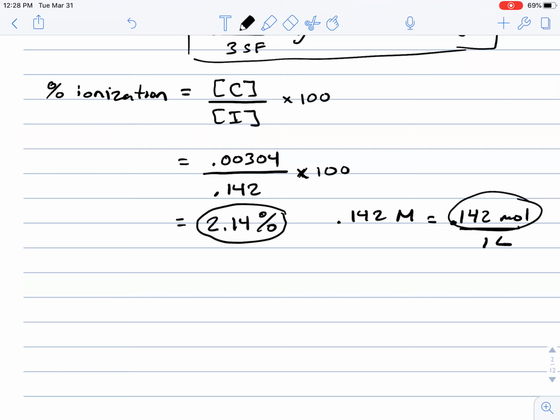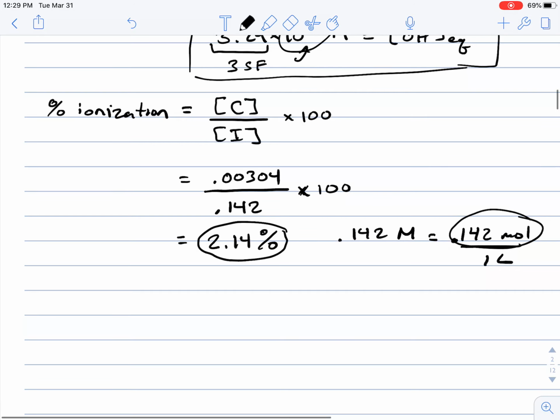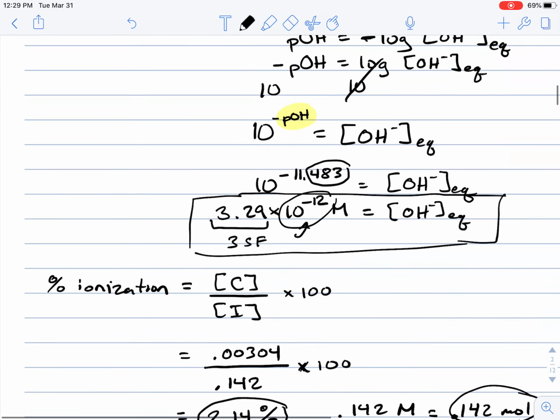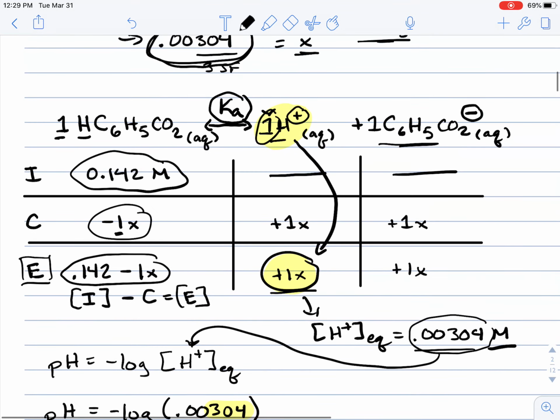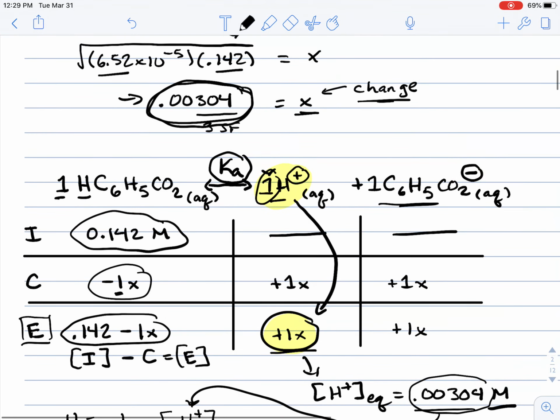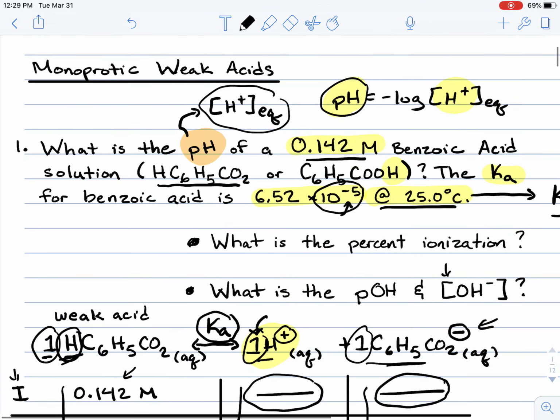The rest is just going to stay as a reactant. Cool. Hopefully going through this problem brings forward in your mind what we talked about 2 weeks ago.